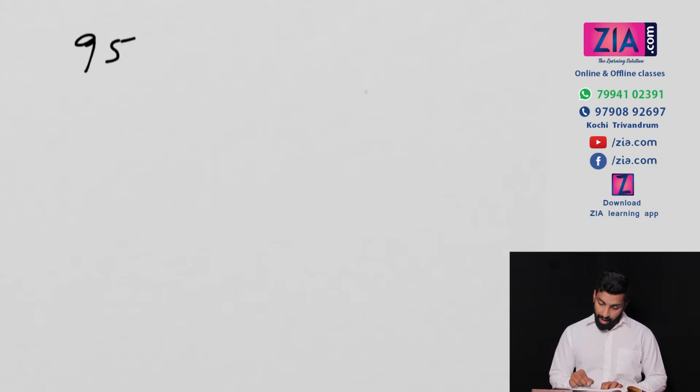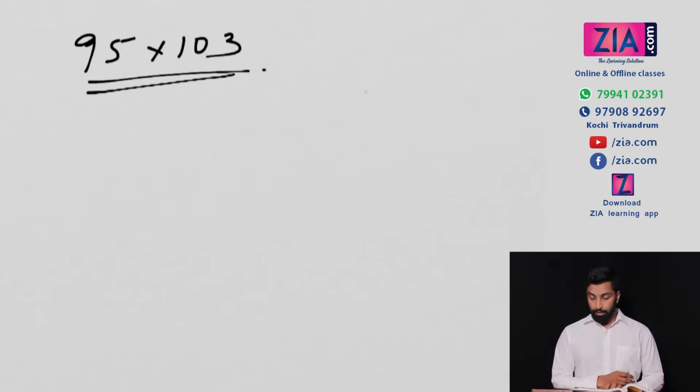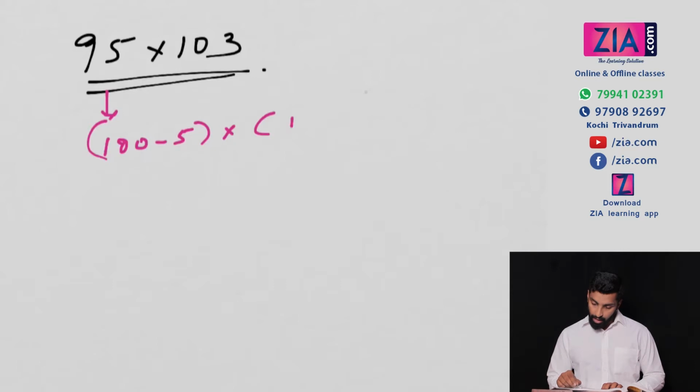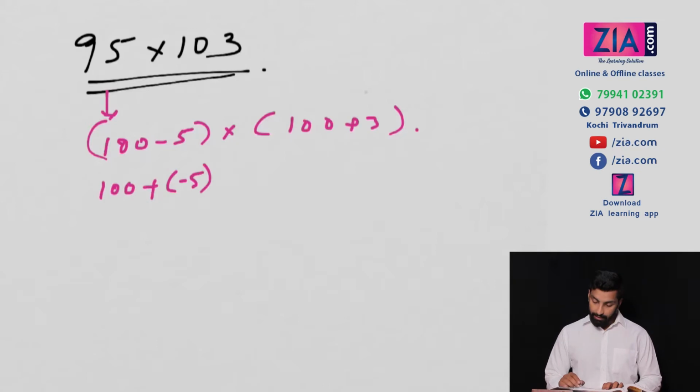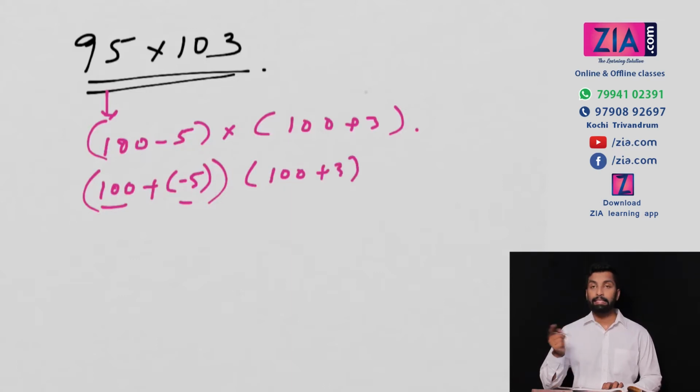Now let's solve one more example. 95 into 103. So using identity you need to solve it. You will write this as 100 minus 5 into 100 plus 3. Now this is of the form x plus a into x plus b. Why? You can write 100 minus 5 as 100 plus minus 5, then this is x plus a, a is minus 5 here. Then 100 plus 3, b is 3.